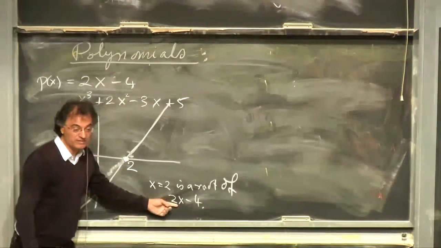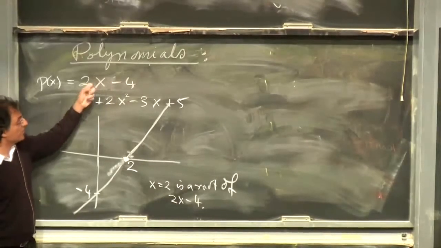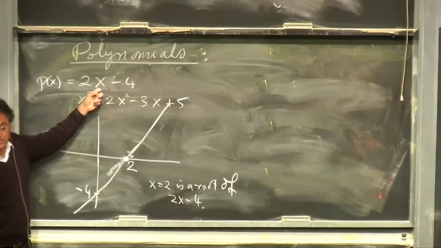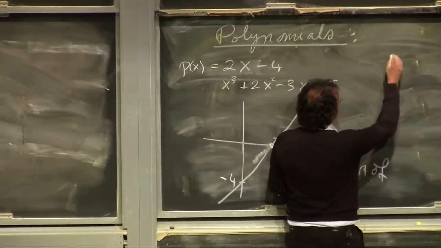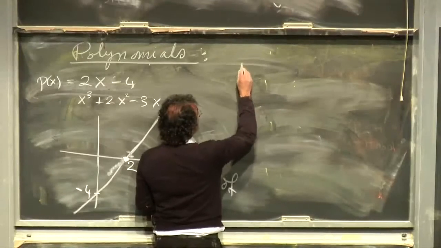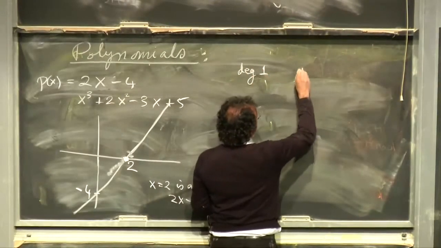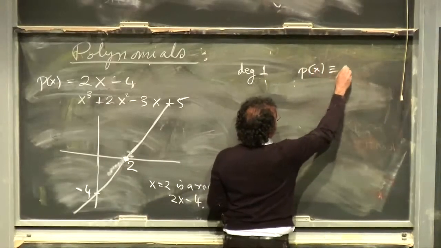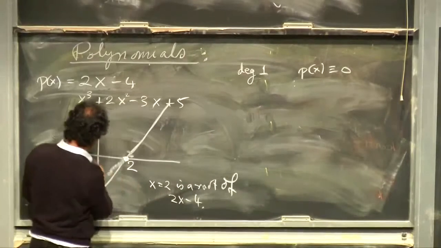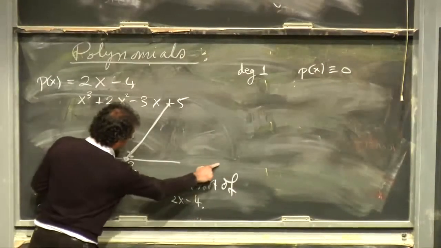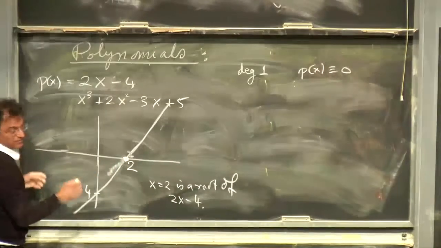Actually, as long as the polynomial is not 0, and if it's of degree 1, it has at most one root. Right? So if it's degree 1, and as long as p of x is not the 0 polynomial, in which case the plot would be the x-axis, and everything would be a root.